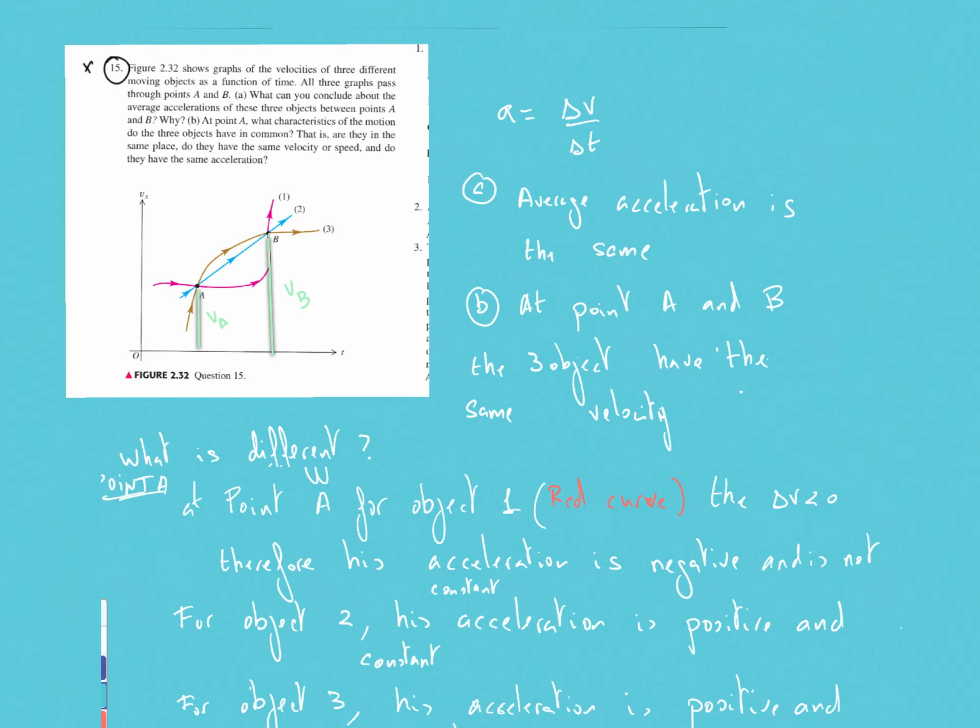In this graph, at the point A, the velocity v_A is the same for the three objects. At the point B, the velocity v_B is the same for the three objects. But there is a difference.